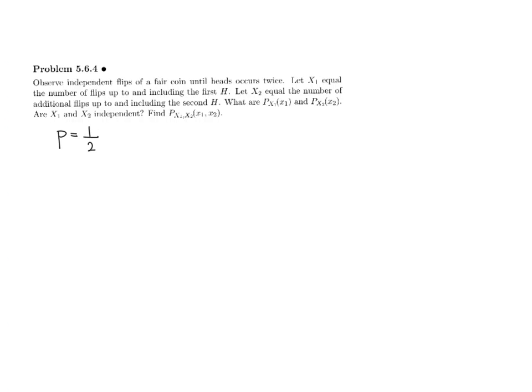So X1 has a geometric distribution, and we know that the PMF of a geometric distribution is (1 minus P) to the power x minus 1, times P. We have the failure results, and at the last trial we have the success, whose probability is P. Sorry, this is x, not X1.